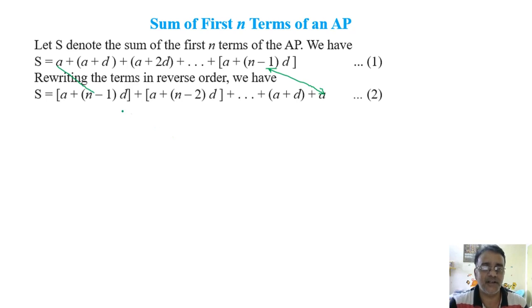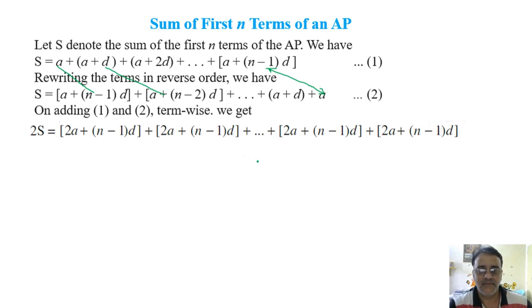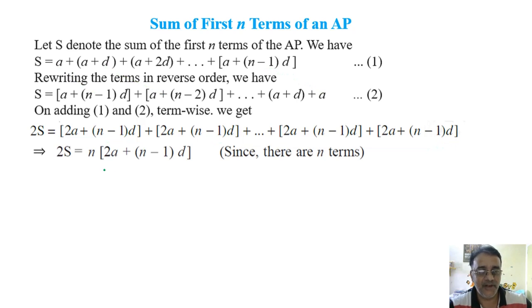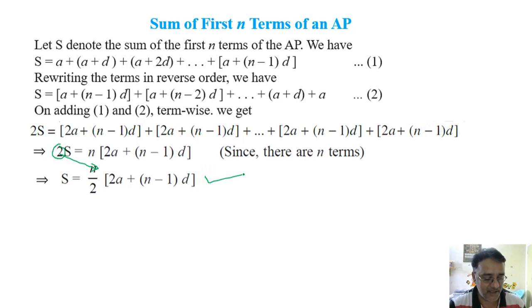For all the corresponding terms, what will we get? 2A plus n minus 1 into D. So we'll get n times. All are n times. So n times means we can write n into 2A plus n minus 1 into D. Right? And this 2 you can shift here, so it will become n by 2. So this is the sum of n terms formula.